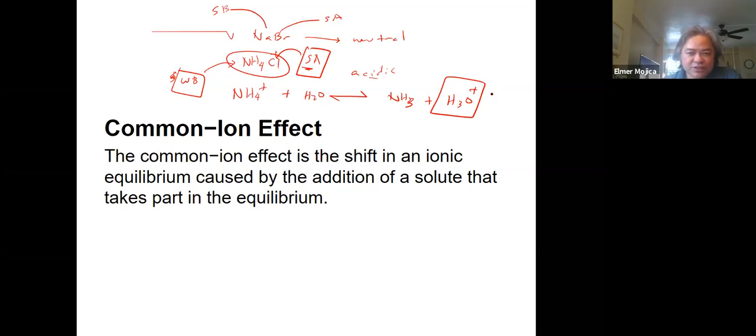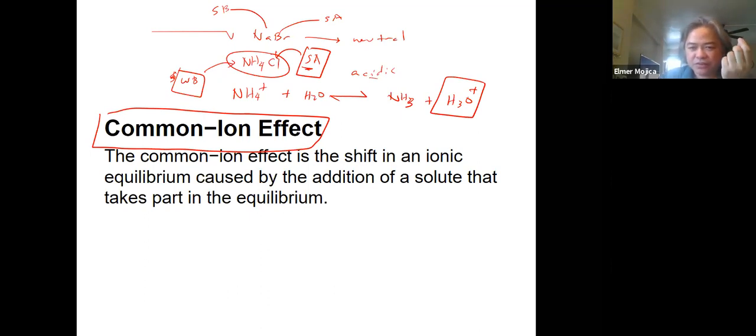Now, since we're dealing here with equilibrium, we go to the so-called common ion effect. So the common ion effect is the presence of an ion that is common to a given solution.